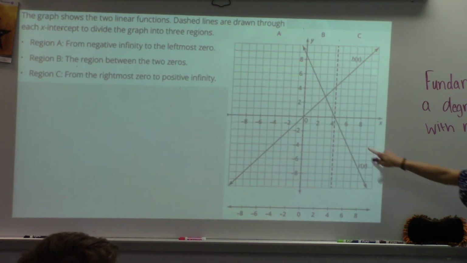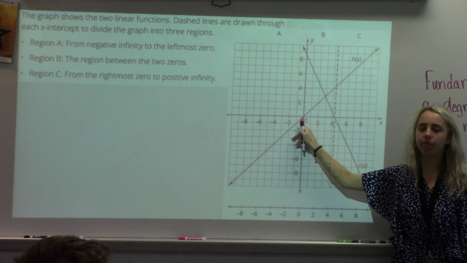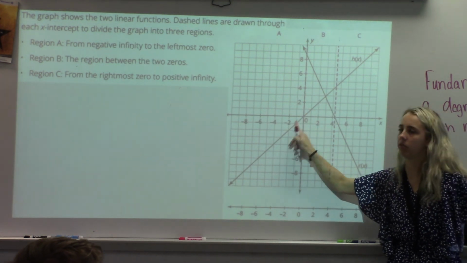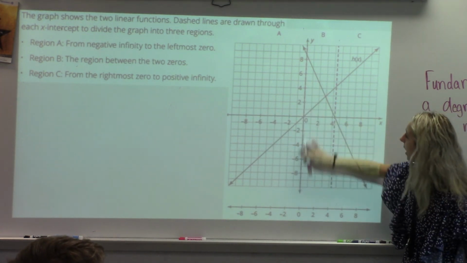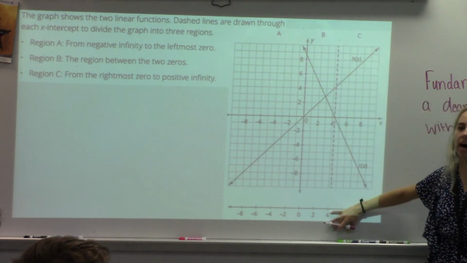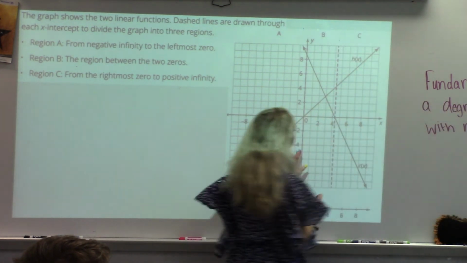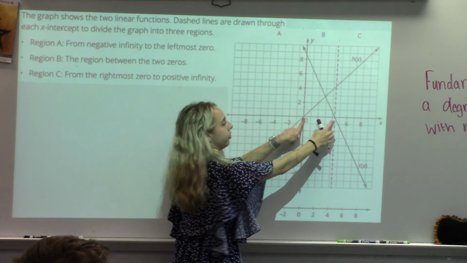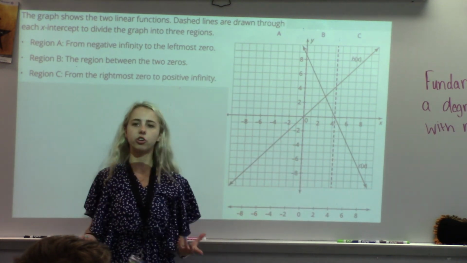Okay, so notice wherever my linear function crossed the x-axis, they drew vertical lines to divide the plane up. So now we're splitting it into, I have 2 zeros, right, which is going to create 3 regions.